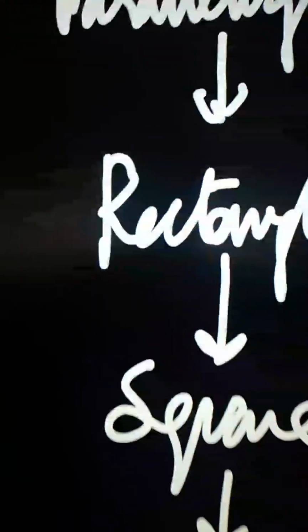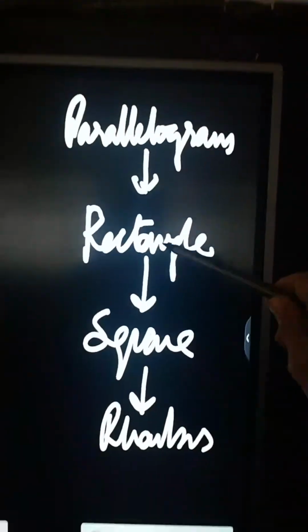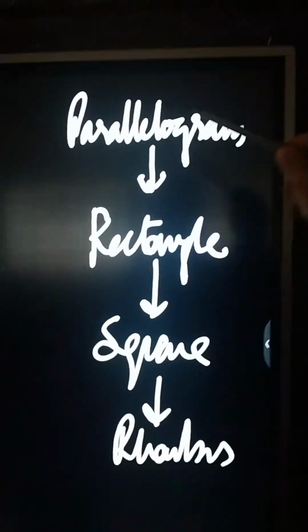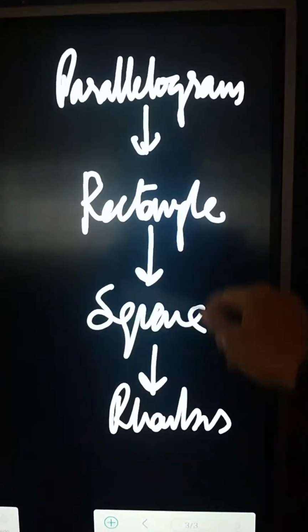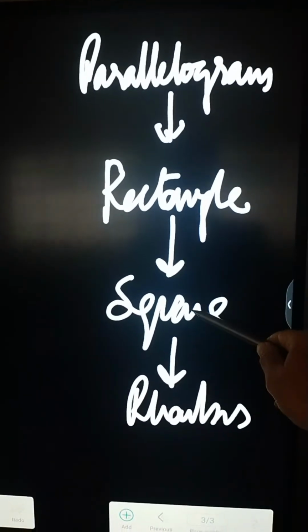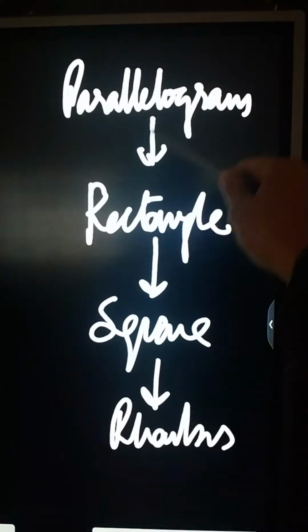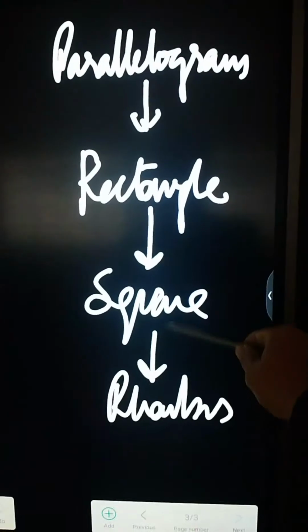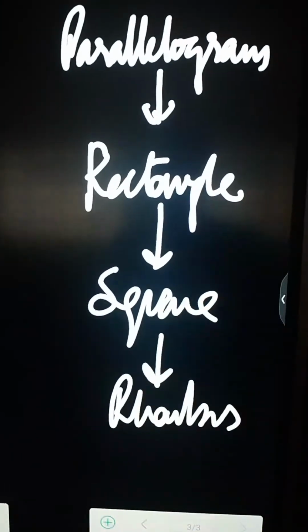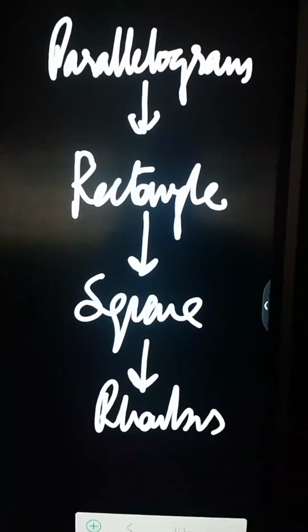Now what does it mean? It means a rectangle is like a parallelogram, a square is like a rectangle, but it is different. So there is some difference between a rectangle and a parallelogram, and some difference between a square and a rectangle, that is to be applied in the question.